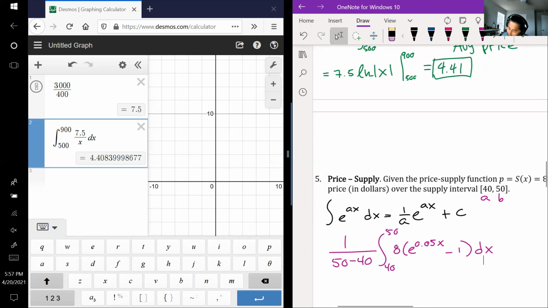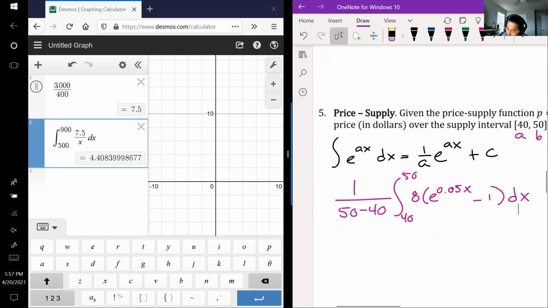Okay, so let's go ahead and clean this up a bit. Let's make it look pretty before we find the antiderivative. You'll get 1 over 10 times the, actually, what I'm going to do is take this 8 and move it to the outside of the integral.